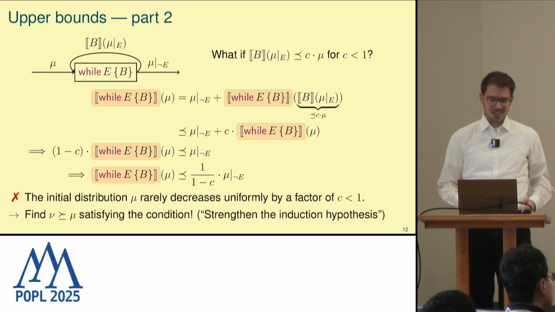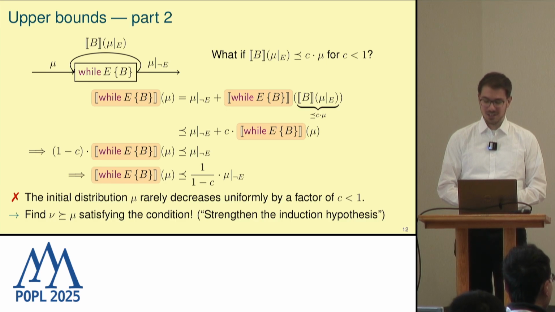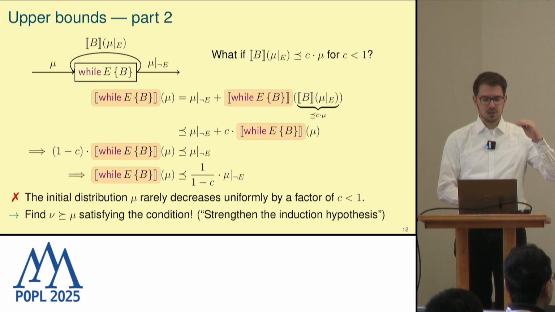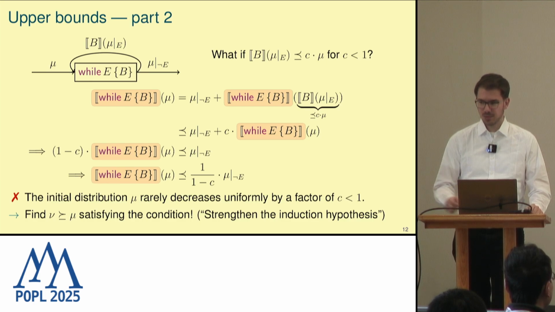Of course, this condition of a uniform decrease by a factor of c will not be satisfied very often. But it turns out that in many cases, we can find a slightly larger distribution, nu, than mu, which satisfies this condition. This is analogous to strengthening the inductive hypothesis in a mathematical proof.